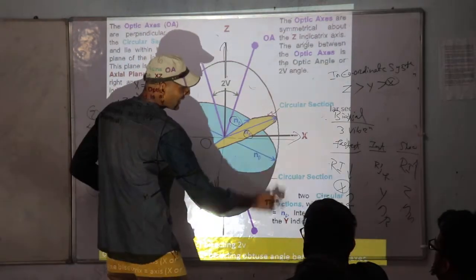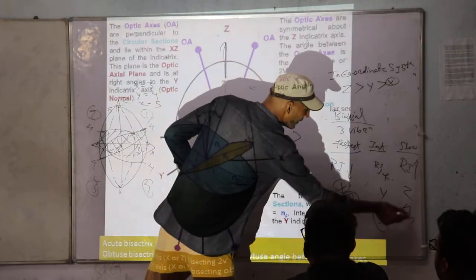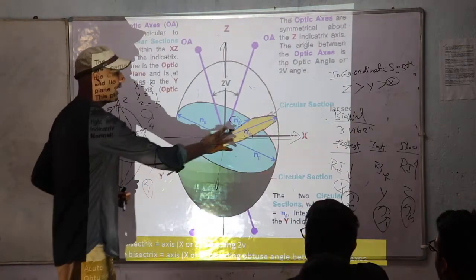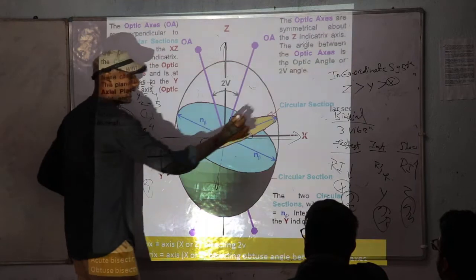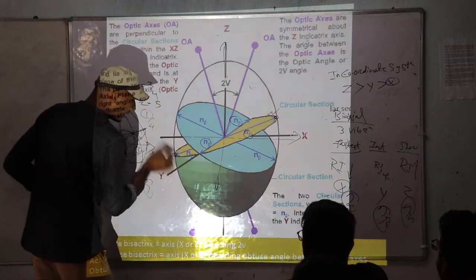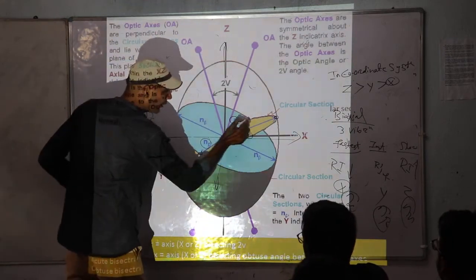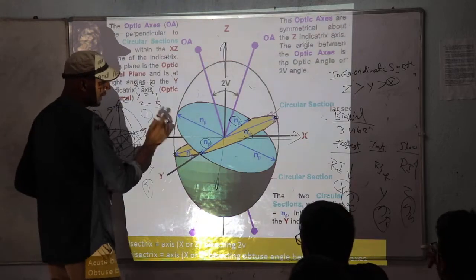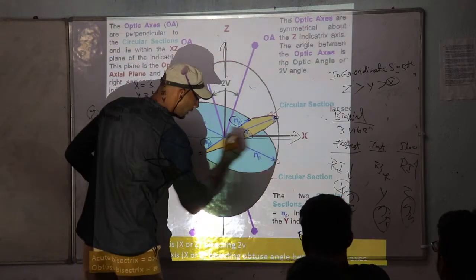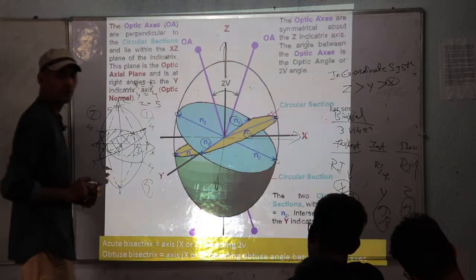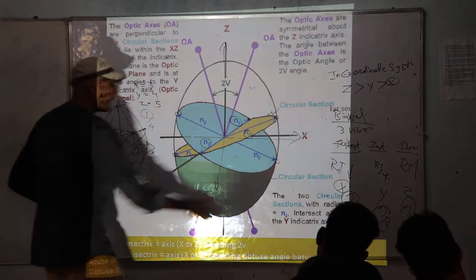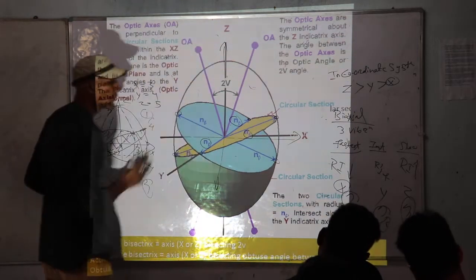So in the x axis that is n alpha, y n beta, z is n gamma, and n beta is the intermediate one. So you are getting n beta in this quadrant, and taking both ends of the y axis. Similarly, in this quadrant you are getting n beta and both ends of the y axis. If you are joining this, you are getting 2 circular sections.